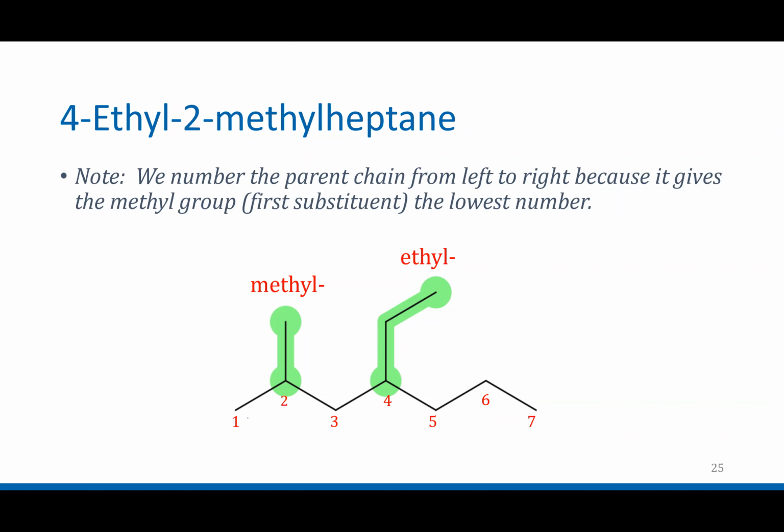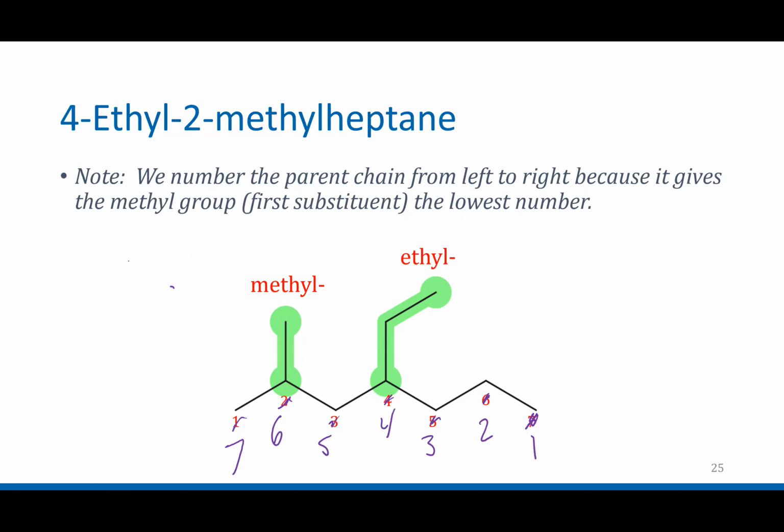So let's forget about these numbers here for a second. What if I started over here on the right? Okay, so 1, 2, 3, 4, 5, 6, 7. Now remember what I said on the last slide. We want to use the lowest possible numbers.